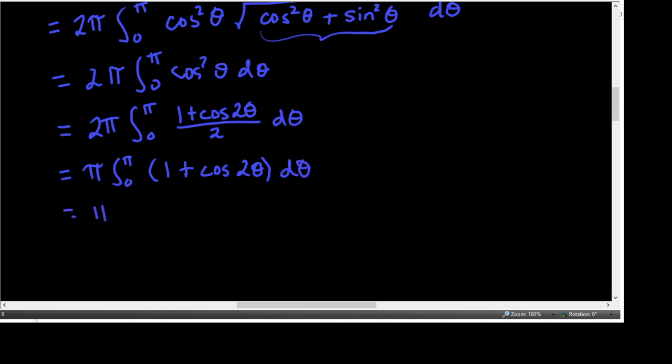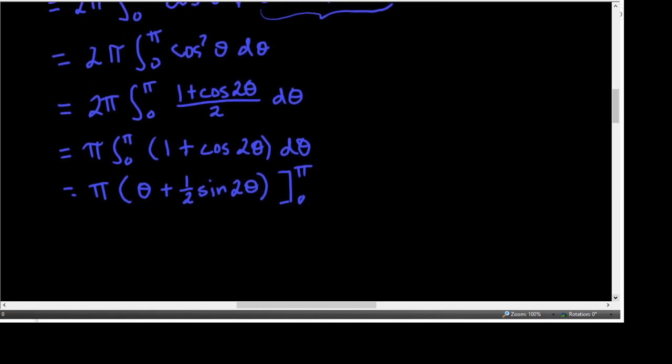All right, so the antiderivative of 1 is theta plus the antiderivative of cosine of kx, which is 1 over k, so 1 over 2 sine of kx, and that will be evaluated from 0 to pi.